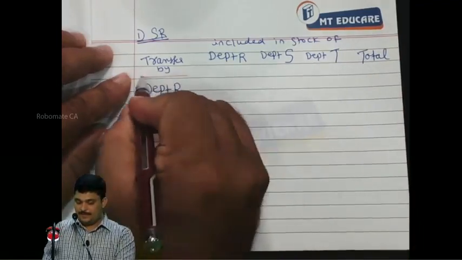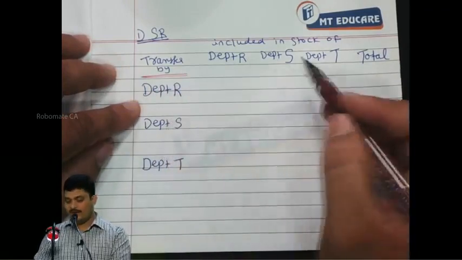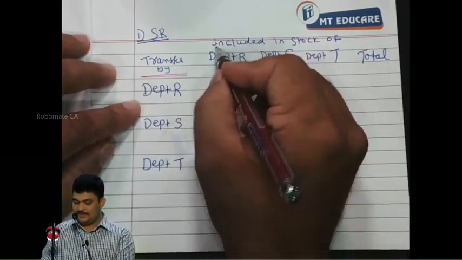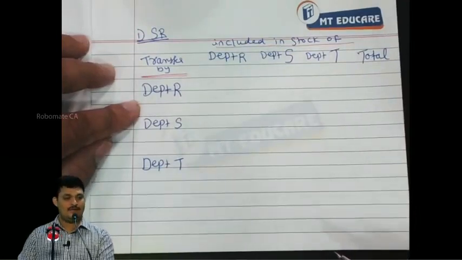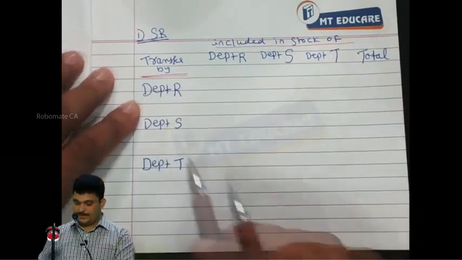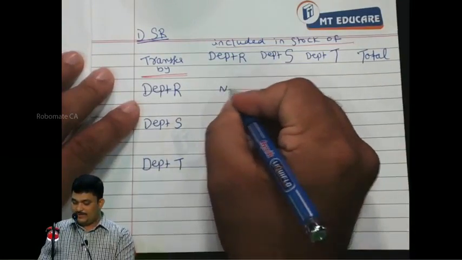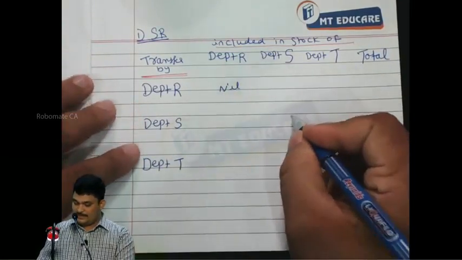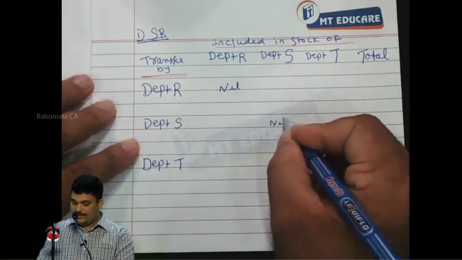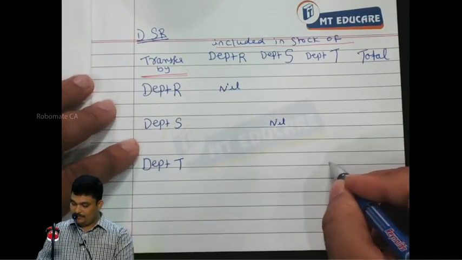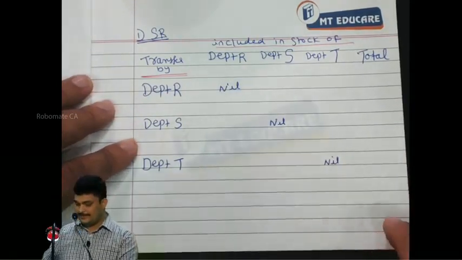Everybody? Transfer by R to R, transfer by R to S, transfer by R to T. Like that we are computing. Everybody, friends? Transfer by R to R will not be there. S to S will not be there. T to T will not be there. Everybody?